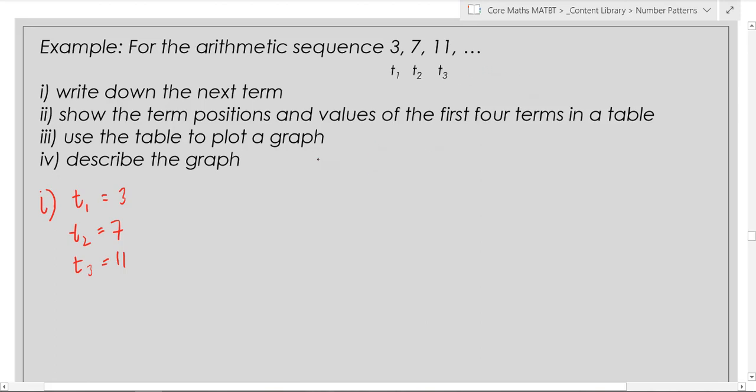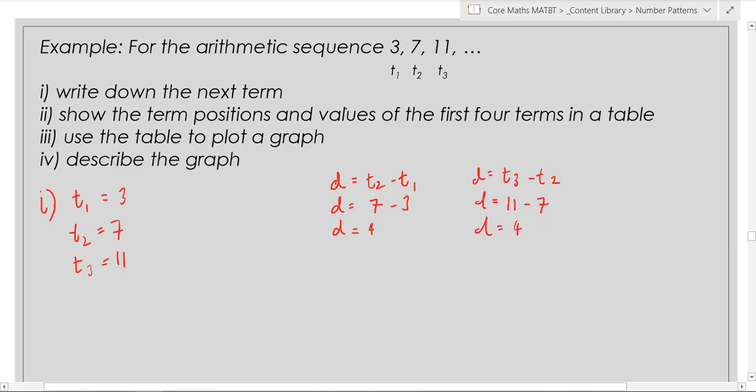First of all, let's figure out the common difference for this question. We can do T2 take away T1, and the common difference there would be 7 minus 3, which equals 4. And I could test it again if I wanted to. T3 take away T2 would be 11 minus 7, which means the common difference is 4.